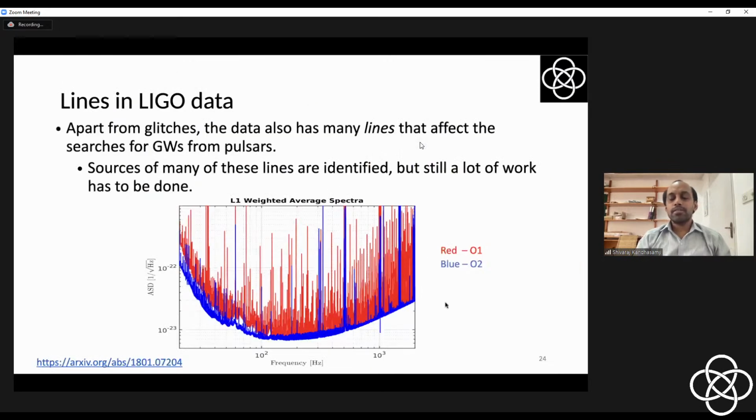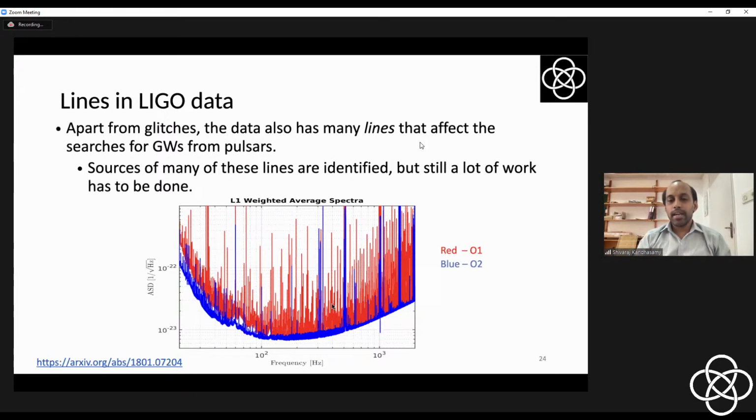And apart from these glitches, there are also a lot of lines that happen in the detector. The red curve is during O1. As you can see, there are a lot of large SNR lines. This means that if you are looking for a narrow line gravitational signal, for example from pulsars, then because of these strong lines, we won't be able to identify gravitational signals at these frequencies. We can only see gravitational signals at the other frequencies, the narrowband signals.